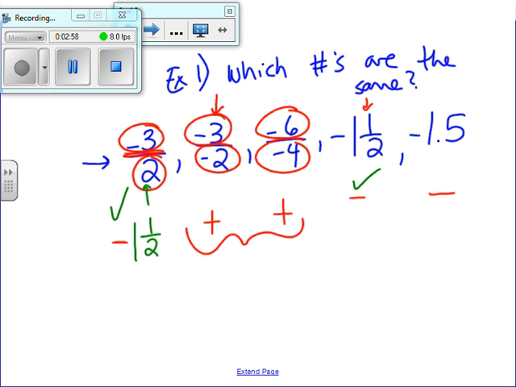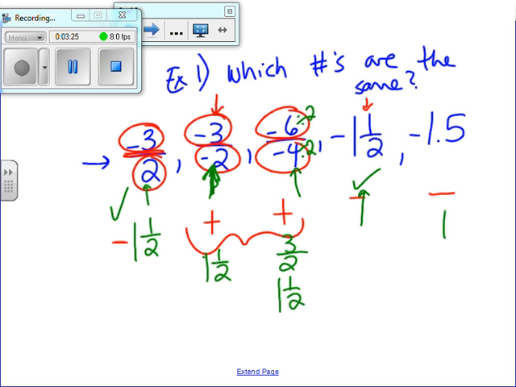Over here, even though this one's different, it's a positive, I know I can look at 3 over 2 and have it as 1 1/2. If I reduce this third one here, I know that 6 can be divided by 2, and 4 can be divided by 2. So this will end up as 3 over 2, which I know is 1 1/2. This one I've already dealt with.